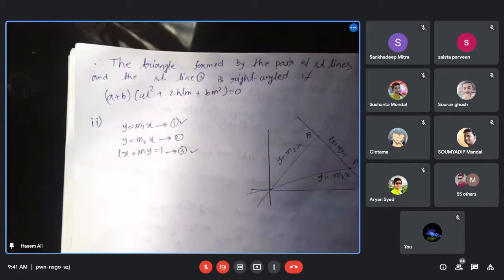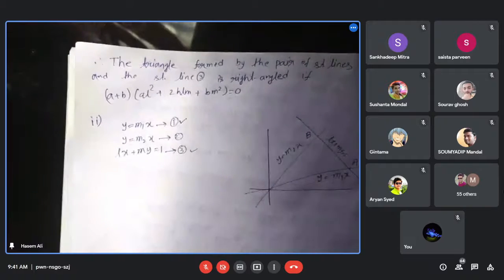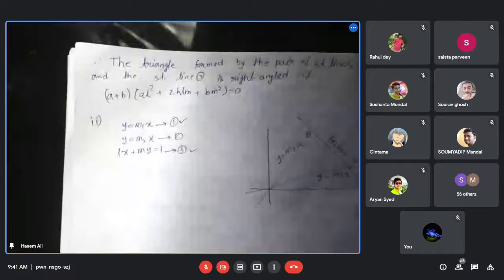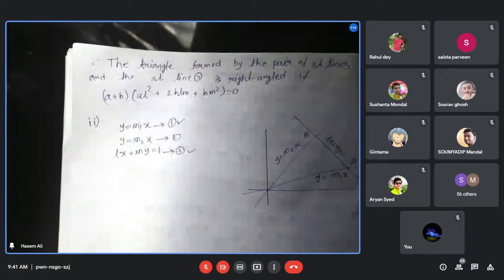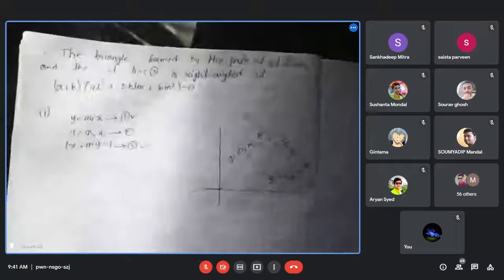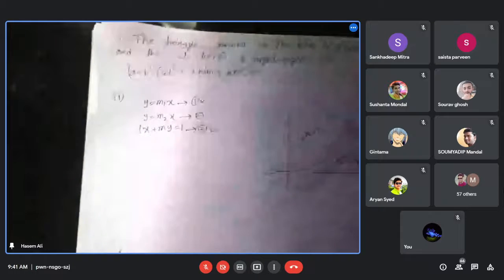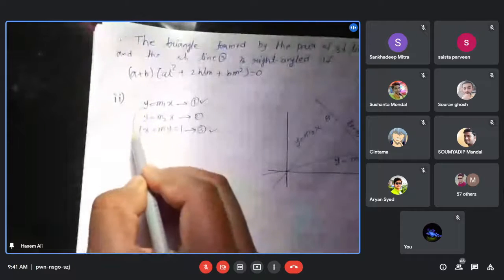You will get the coordinate of A. Just put in this equation.